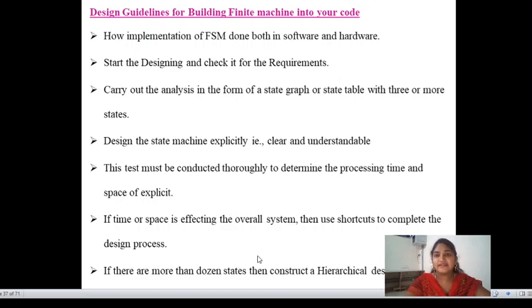You can construct the hierarchical method. Applying that hierarchical method, at the end the finite state machine will be converted into code. These are some of the guidelines to be followed whenever state testing is performed, and these are also testability tips.